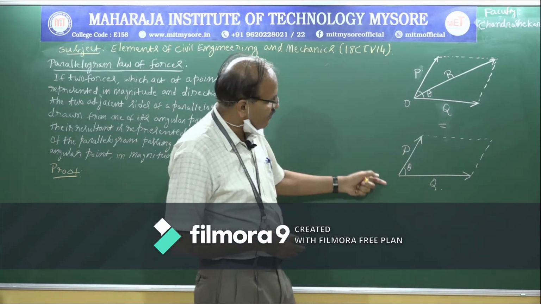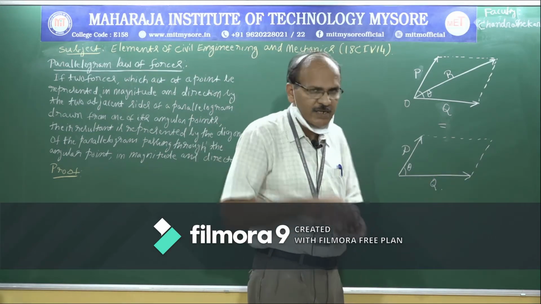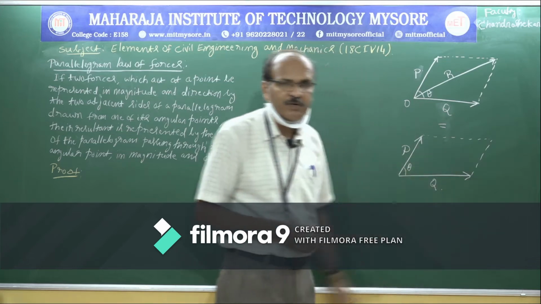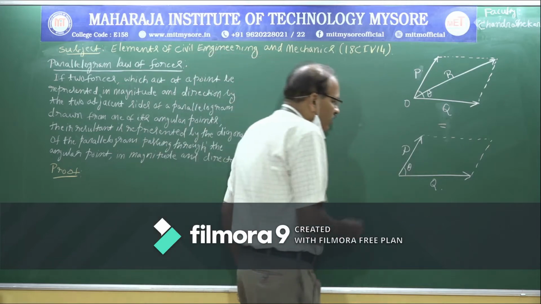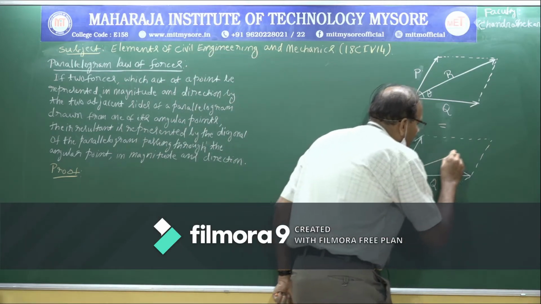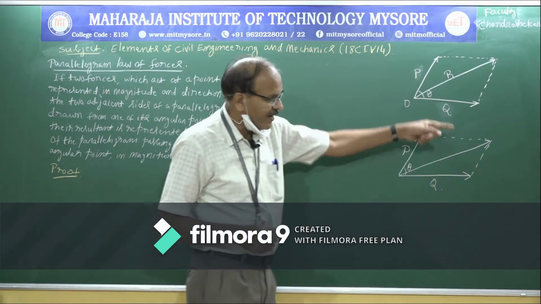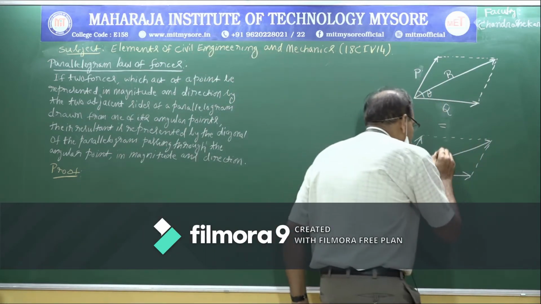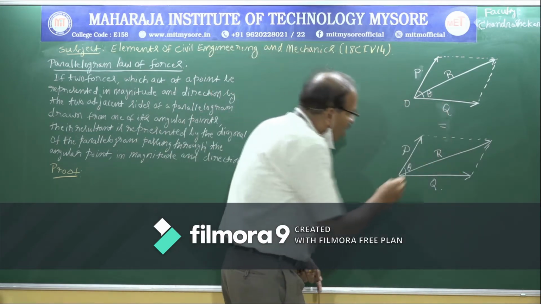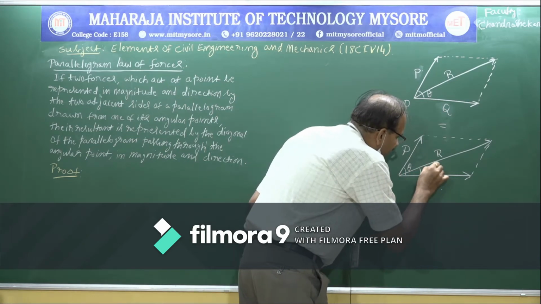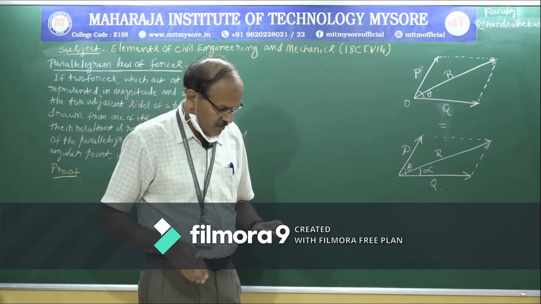What I mean to say is, if Q is 10 kilonewton, and 1 kilonewton equals 1 centimeter, then this should be equal to 10 centimeter. Similarly for P. So complete the parallelogram, join the two corner points, that is the diagonal, that represents the resultant. Let alpha be the angle made by the resultant with respect to one of those two forces.